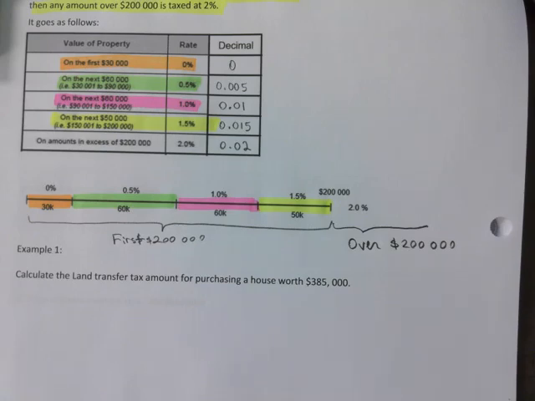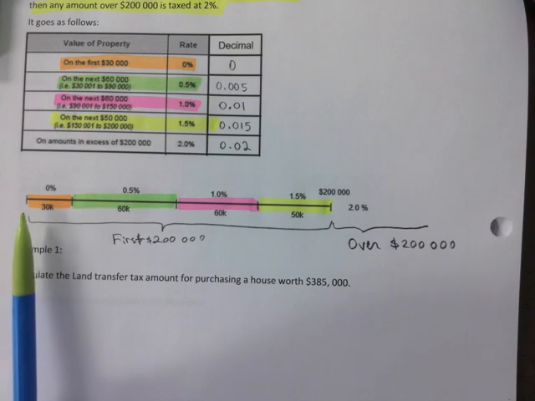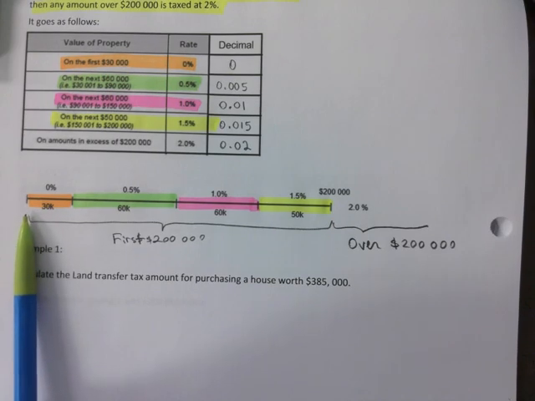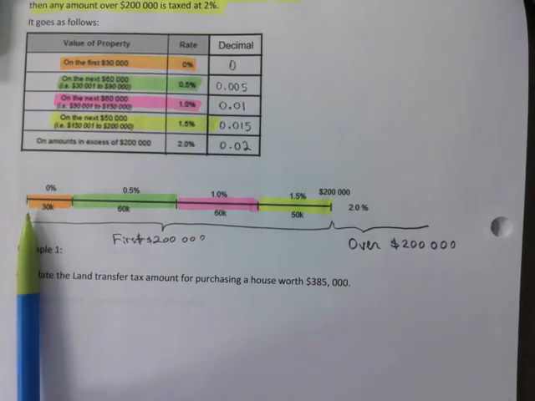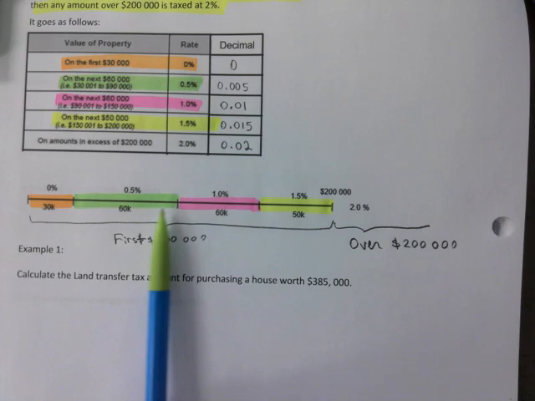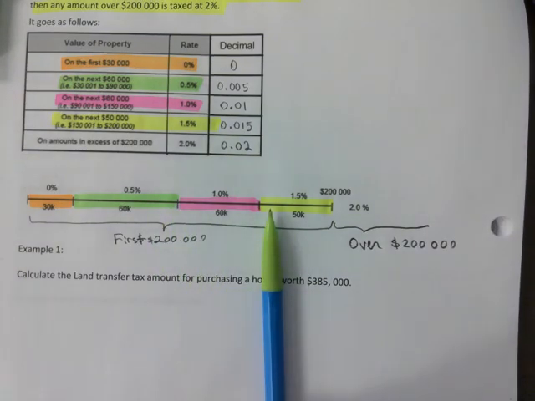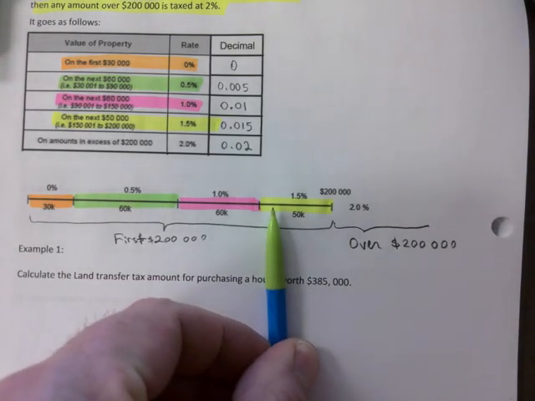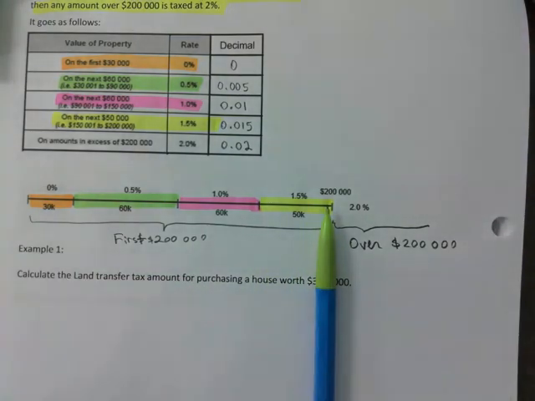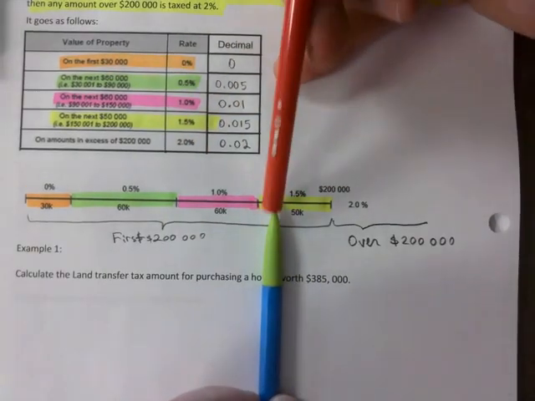We are going to explore properties, let's say for example, a property worth $160,000. Follow me here. 160,000 gets you right here, because this is the 150 mark and 160 is here. So let me use another pen. This is 160 where my pencil is.